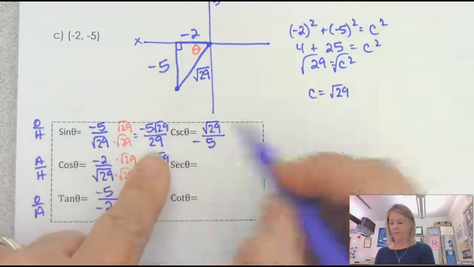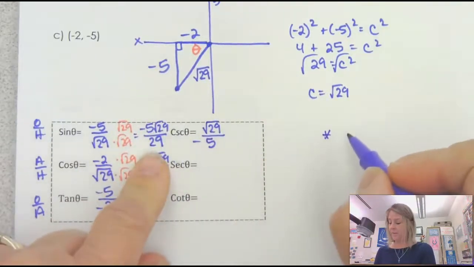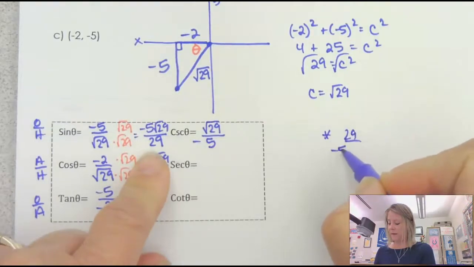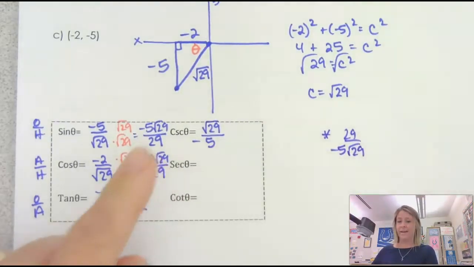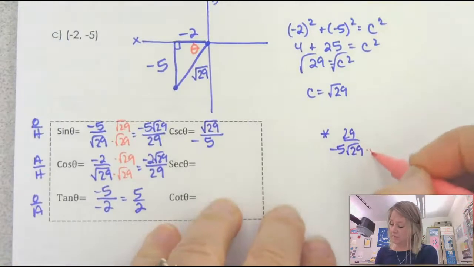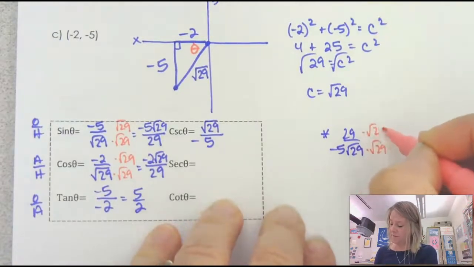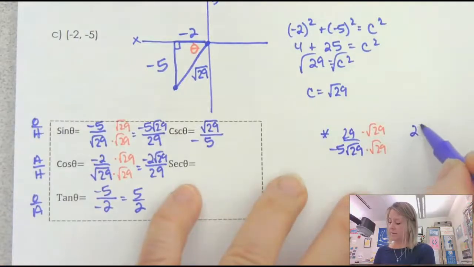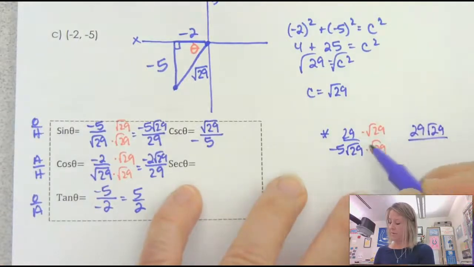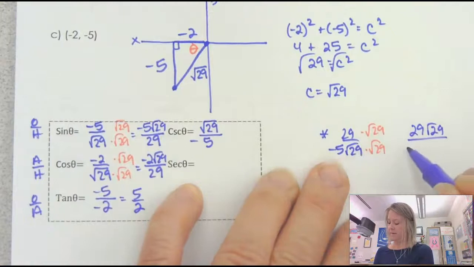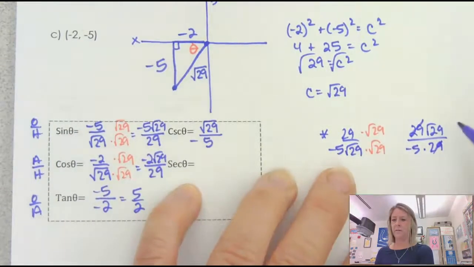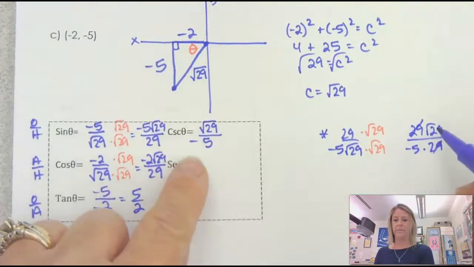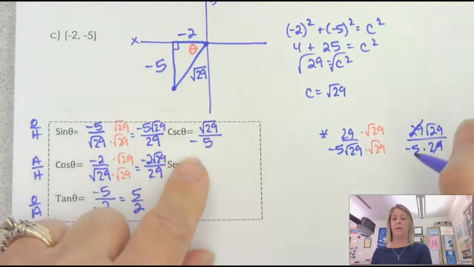Again, here's what I'm saying. If I would have flipped this, let me do this out to the side. If I would have flipped this and I have 29 over -5 radical 29, it's not wrong. It's just that you have to now go like this. And we're going to have 29 radical 29 over, let's see, that's just a 5 there, -5 times 29, and then those 29s cancel out, and you'll get your -29 square root of 29 over 5.